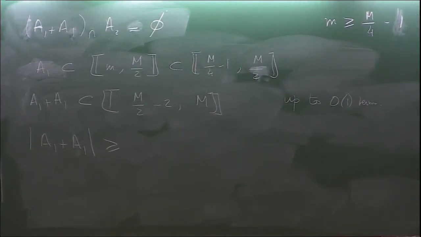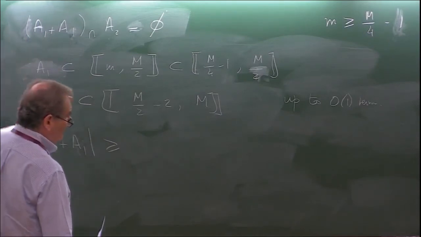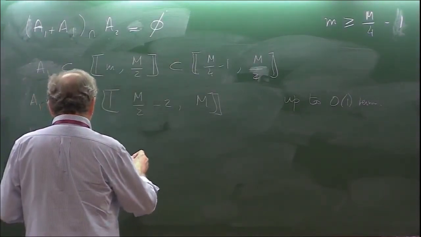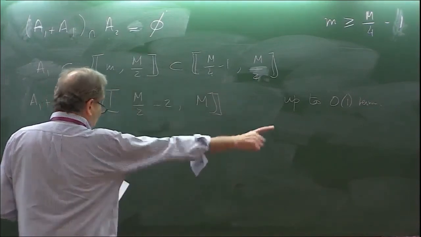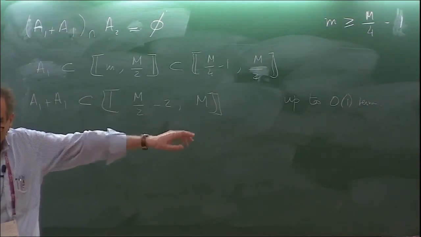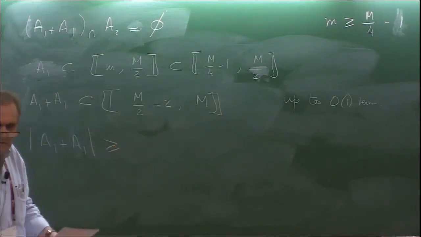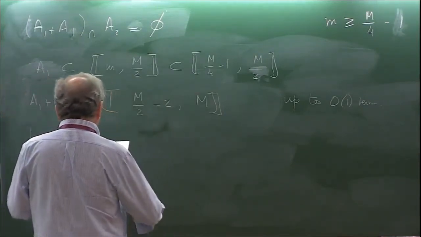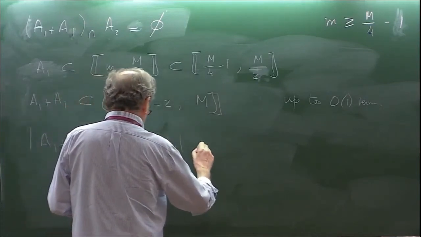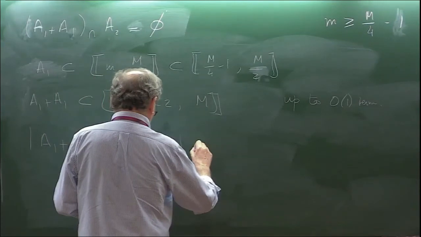I have no idea about the structure of A1, and don't care much, but in any case this always works. I gave you some example yesterday to show that this was in some way the best possible you could do. So this is larger than 2 times A1 minus 1.